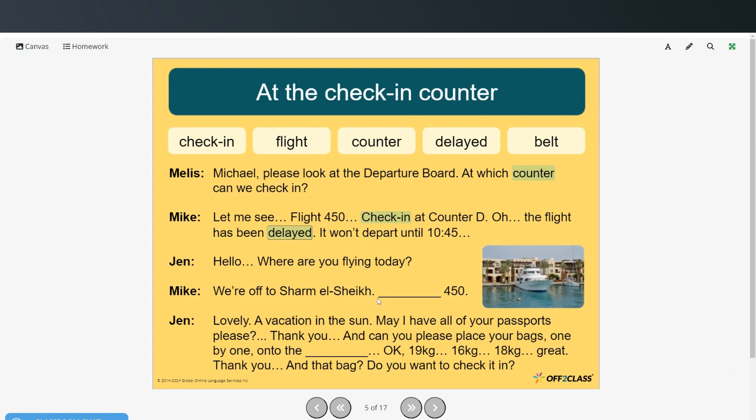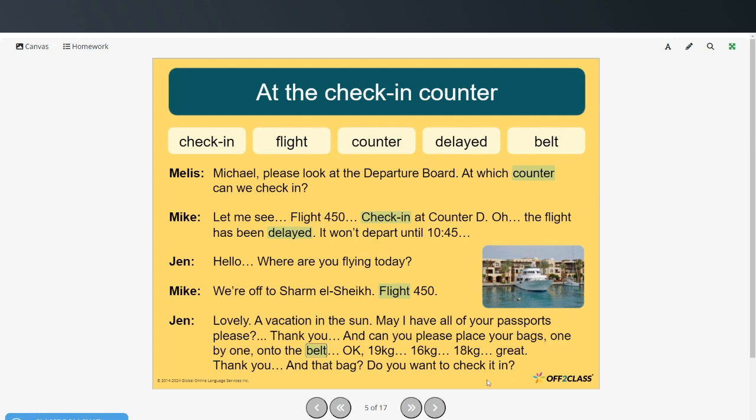We're off to Sharm el Sheikh. Flight 450. Lovely. A vacation in the sun. May I have all of your passports, please? Thank you. And can you place your bags one by one onto the belt? Okay. 19 kilograms, 16 kilograms, 18 kilograms. Great. Thank you. And that bag?